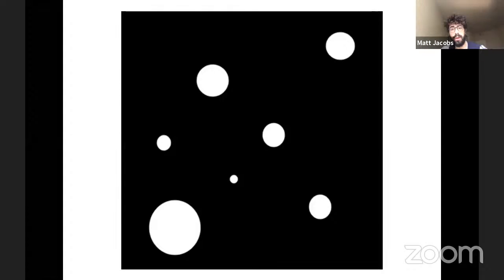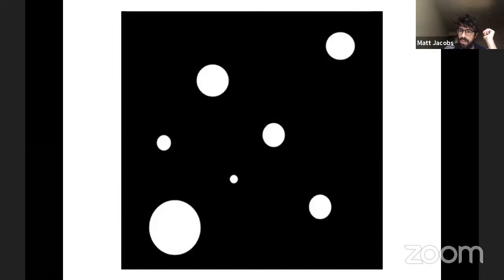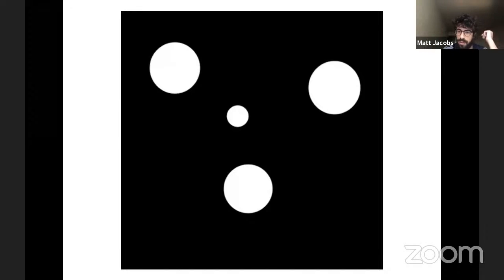Okay, so let me just show you guys a few more fun examples. So here are a bunch of disks, and I'm going to map them to another set of disks. And you'll see there's really no way you can anticipate what the solution should look like here. So they sort of cut themselves up in all of these strange different ways. And this is what the optimal thing to do is.